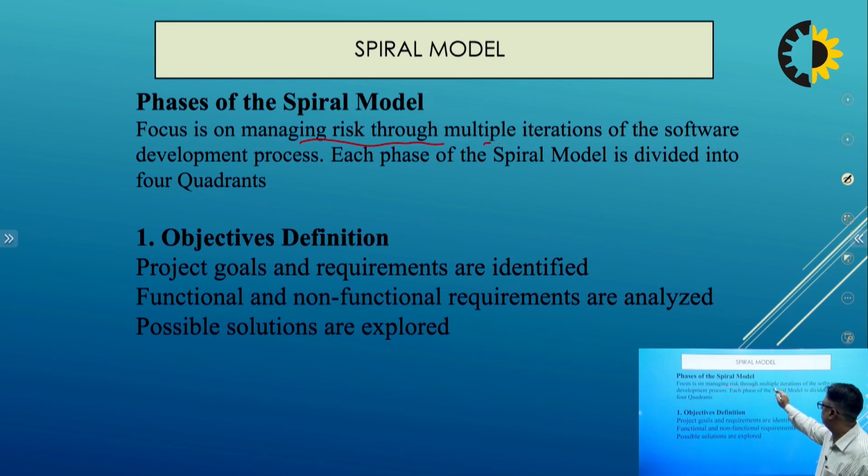Multiple iterations of the software development process are available, and each phase of the spiral model is divided into four quadrants. Now, the first phase is objective definition, determining the alternative solutions. The first point is to find the project goal and requirements and identify the functional and non-functional requirements collectively in the first phase, and possible alternative solutions are explored.